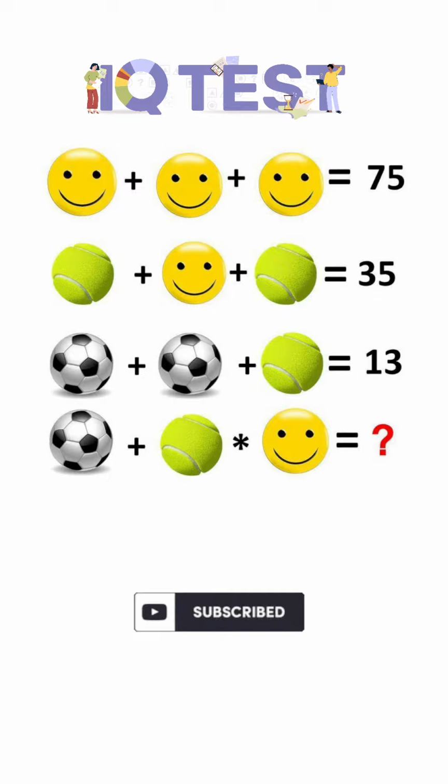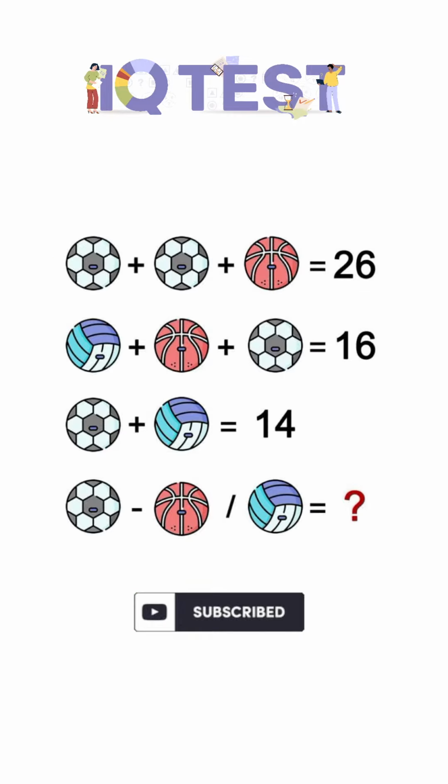Because if that is the case, if you look at the second one, then it means one ball plus the white ball plus the red ball should give you 16. Okay. So let's do the complicated one like you said. So I'm coming back to that one.